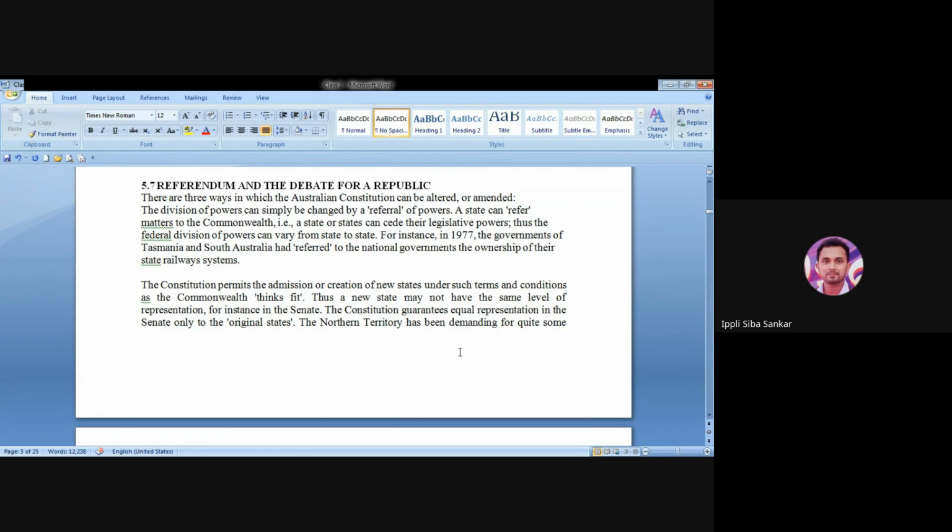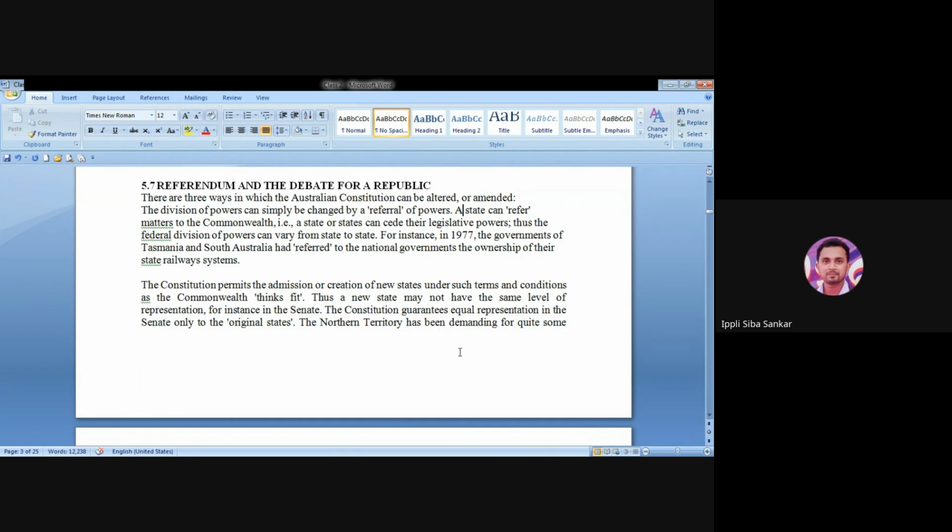For instance, in 1977, the governments of Tasmania and South Australia referred to the national government the ownership of their state railway systems. The constitution permits the admission or creation of new states under such terms and conditions as the Commonwealth thinks fit.